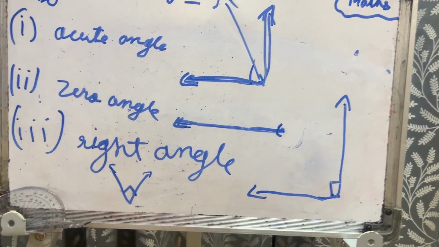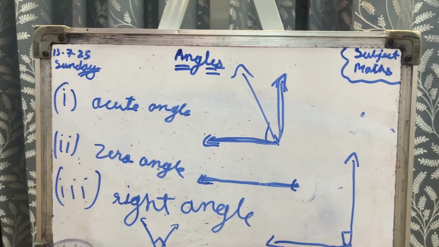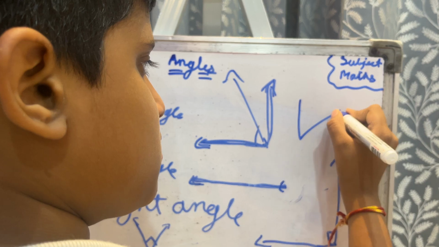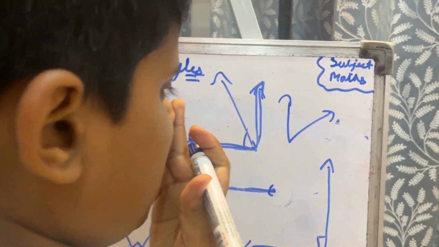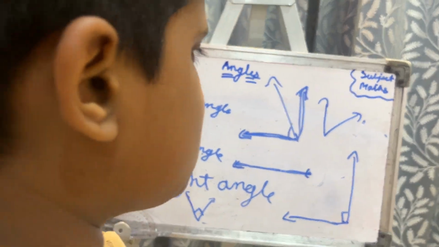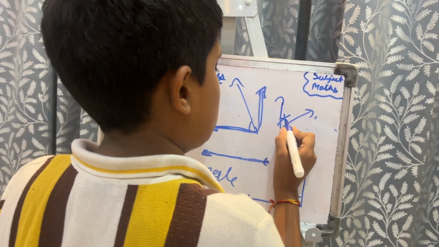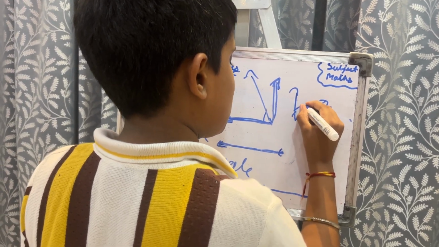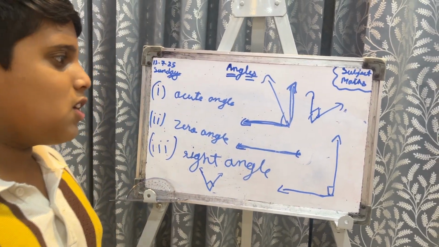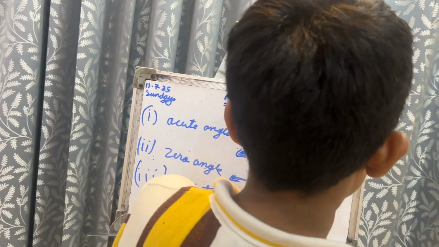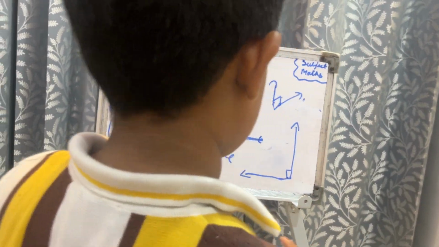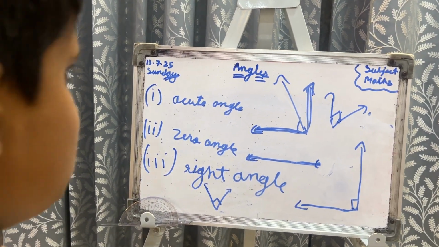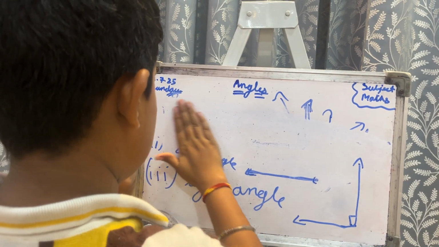If a question asks which angle this is, most people say acute angle, but that's wrong. It's a right angle, because if we tilt the part, it makes a perfect square.